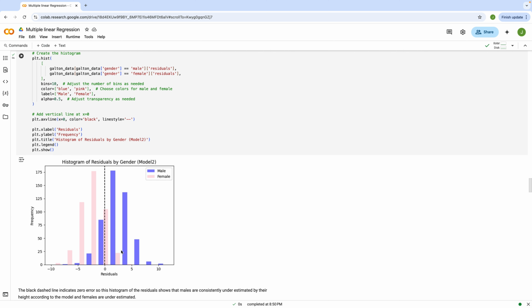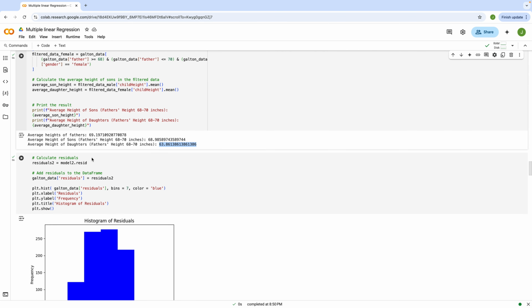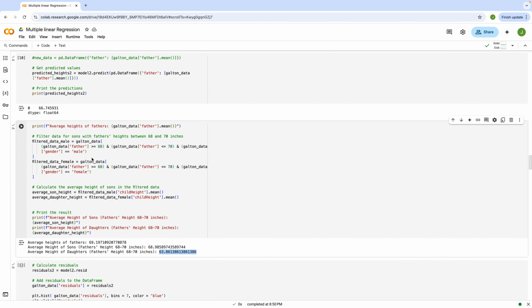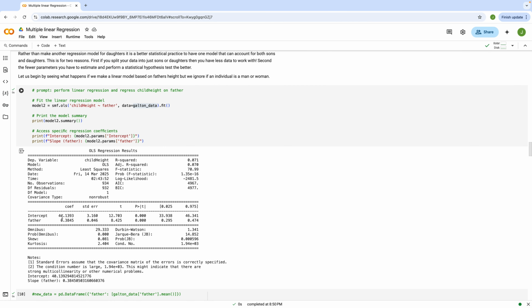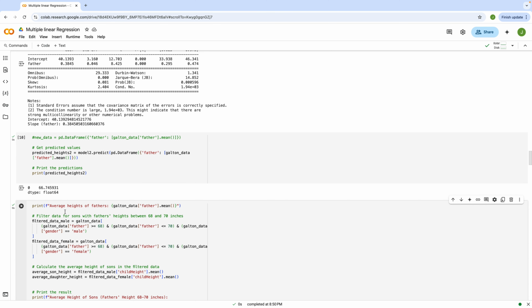So this is simple linear regression with just one input variable, right? Here the child's height is equal to 40.13 plus 0.38 times father's height. That's going to be the regression equation.